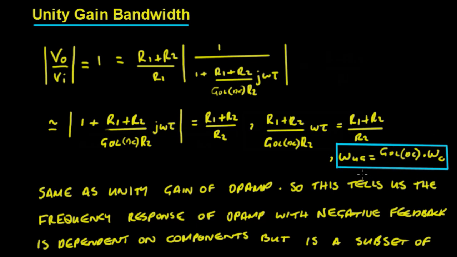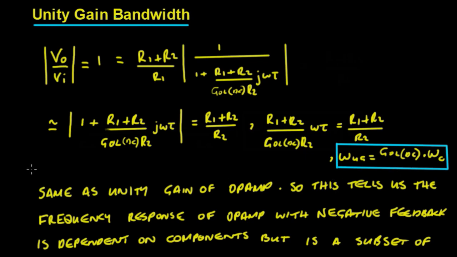So it means that the unity gain for this circuit with negative feedback is just the open loop gain at DC of the op-amp times the value of omega c. Now that is just the same unity gain equation for the op-amp that we derived in one of the previous videos.